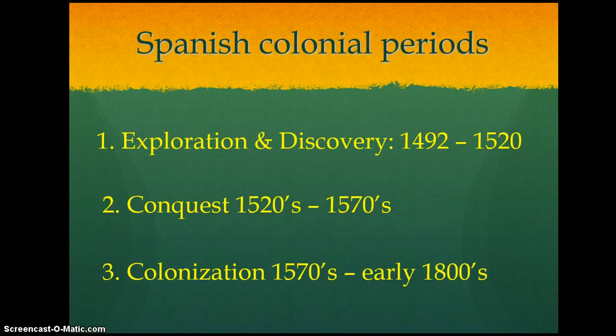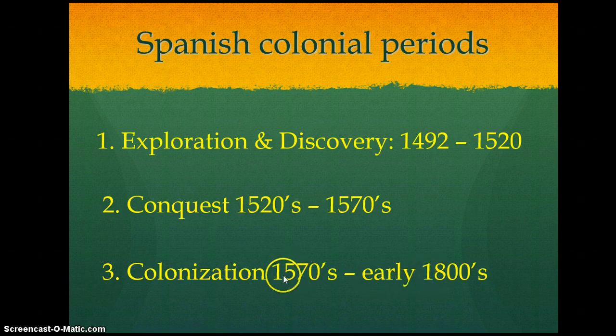So the Spanish colonial period can be broken into three really big periods. First, there's exploration and discovery, and that's from 1492 to about 1520. Conquest from the 1520s until the 1570s, and then colonization, which lasts from about the 1570s until actually the early 1800s.